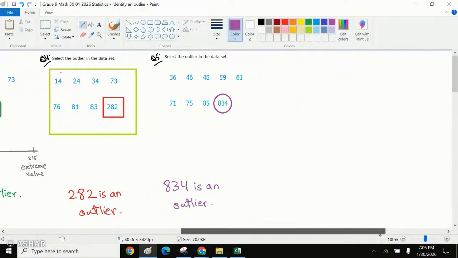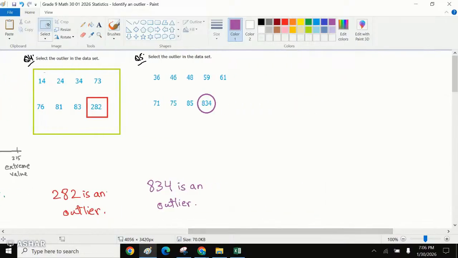Okay, let's create another question. Okay, if I would say select from the given information, from the data set, select an outlier. If I say, I will select some values. If I say 1, then we have 53, then we have 57, then we have 61, 63, 64, and 65.